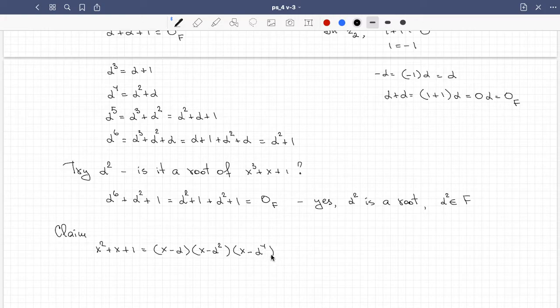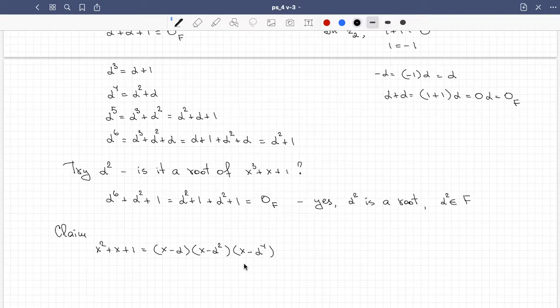At this moment, I don't know and don't really care whether alpha squared is equal to alpha or not, or whether alpha to the 4 is equal to one of them or not. I found a factorization into 3 factors, all of degree 1. The product of any 2 factors, because they are monic polynomials, will give us a polynomial of degree 2. That is definitely a non-trivial factorization, because the degrees are 1, 1, 1. That's it.